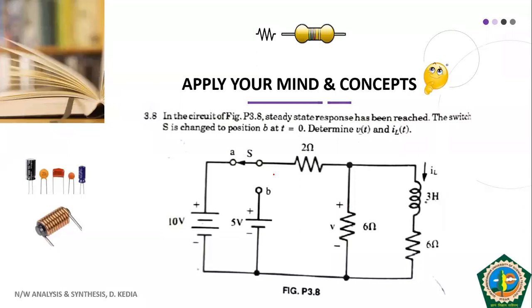The first thing we observe in this circuit is that our switch is in position A before our observation time at t equal to 0.